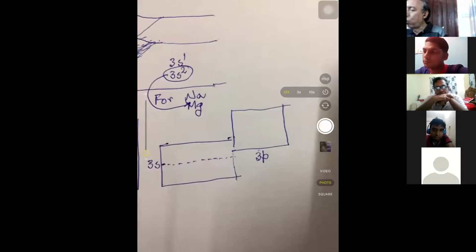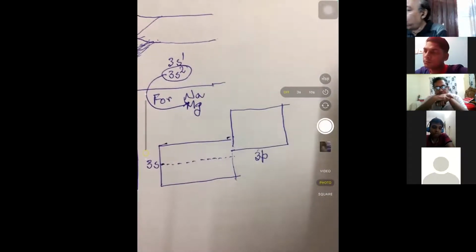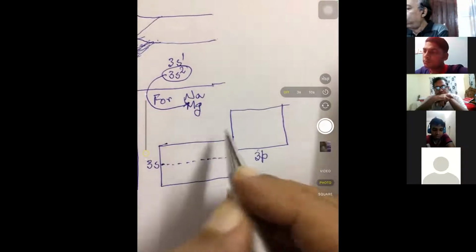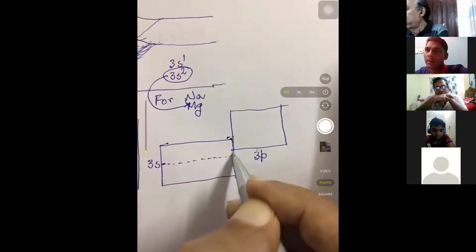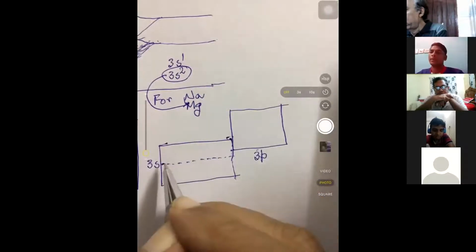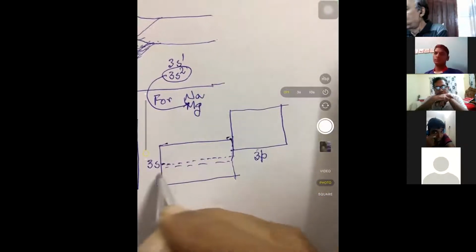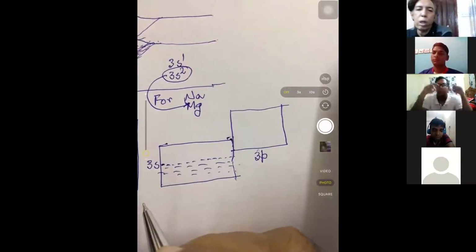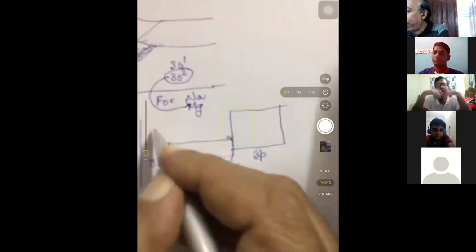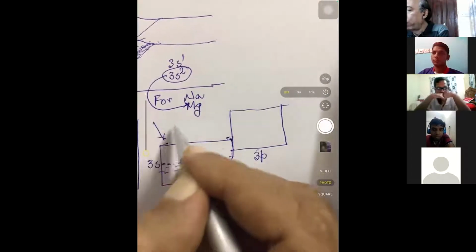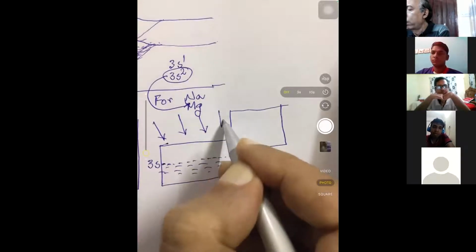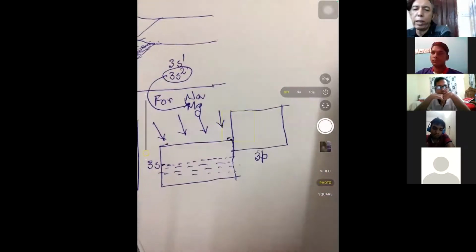Now, if we draw a band like this, this is 3s, this is for sodium. Then if light falls on sodium, light is an energy.